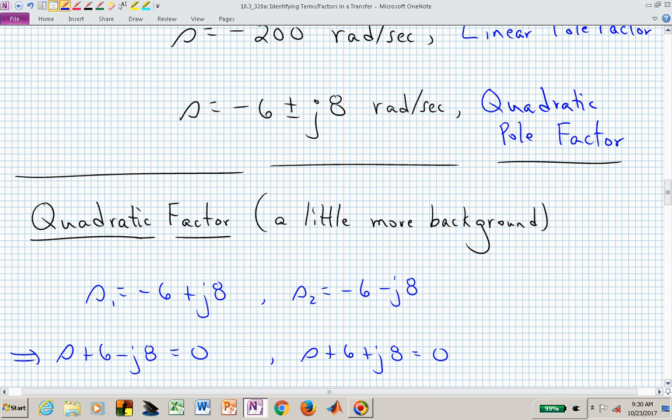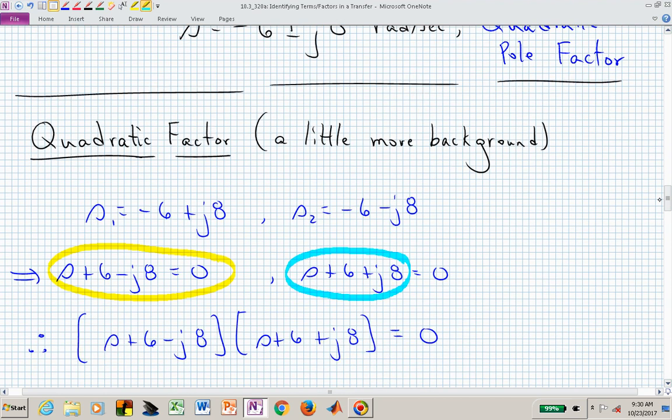And now I'm trying to get you comfortable with seeing that this particular factor on the left is the one associated with the pole in the second quadrant, and this particular factor, s plus 6 plus j8, when we solve that for s, is associated with the pole that's in the third quadrant, at minus 6 minus j8. That forces that factor to 0. If we put these two factors together and multiply them out, that's what we want to do to find how we found this particular quadratic that we started with earlier.